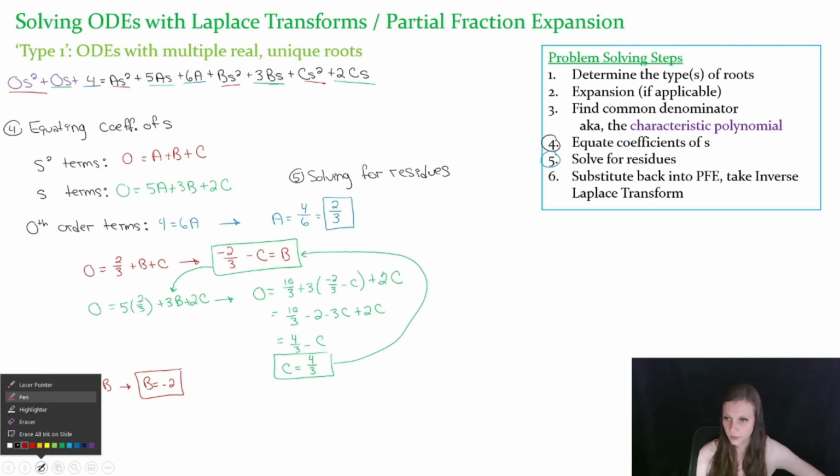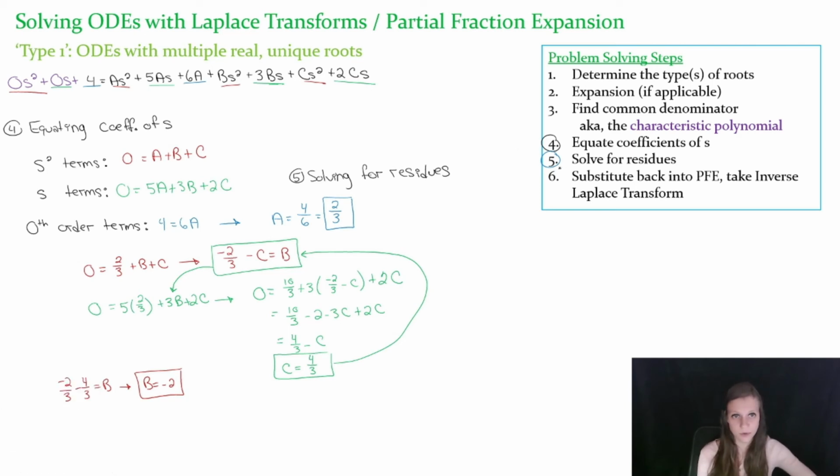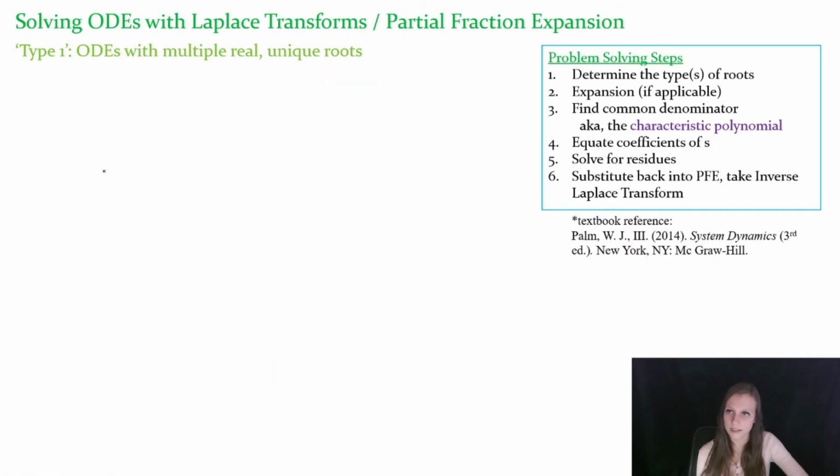So at this point, we have solved for the residues, and we can move on to step 6, which is to substitute these values back into our partial fraction expansion, and then take the inverse Laplace transform. So I'm going to move to a clean slide.